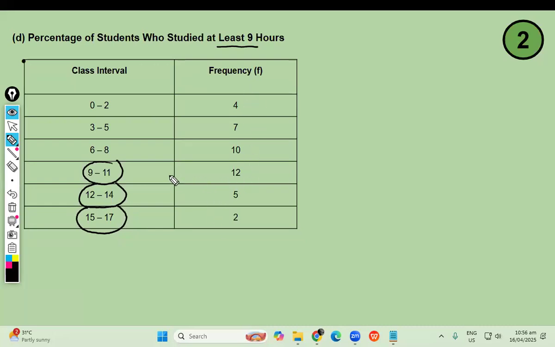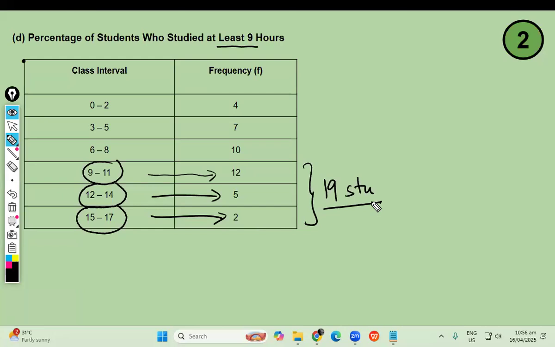And the frequency is the amount of students. So how many students in all studied at least 9 hours? 12 plus 5 plus 2, which is how much? 19 students. So 19 students, I'll put STU, right?